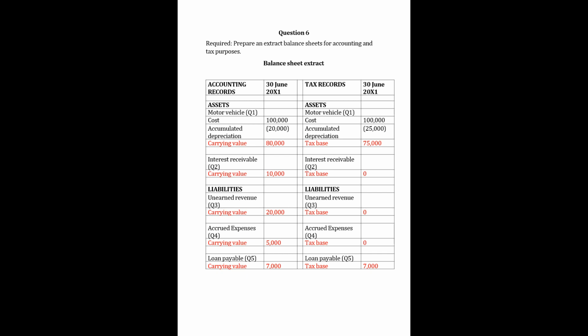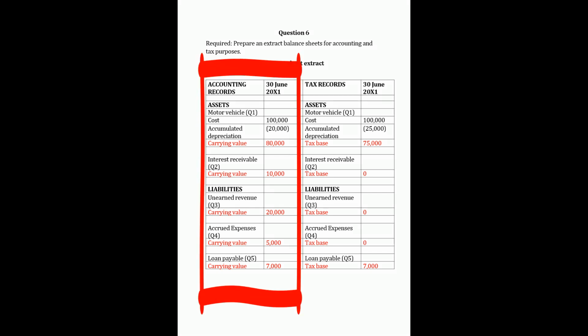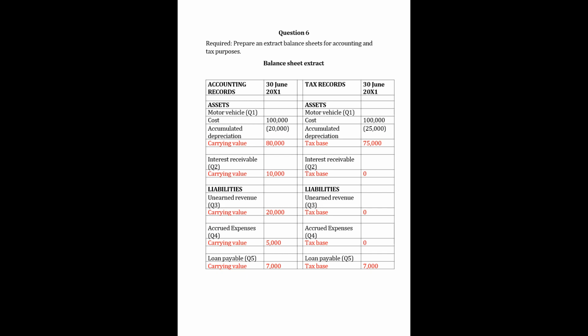In question 6, we are required to prepare an extract balance sheet for accounting and tax purposes. We looked at these questions, and there are 5. The first one was the motor vehicle, and the carrying value of that motor vehicle in 20x1 was 80,000, after deducting the accumulated depreciation of 20,000 from the 100,000 cost.